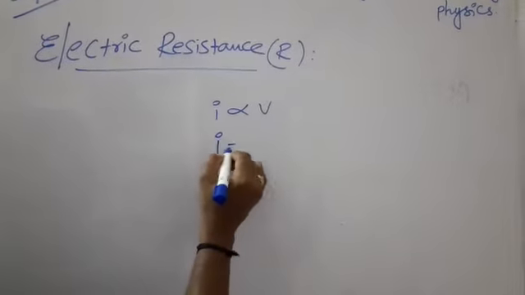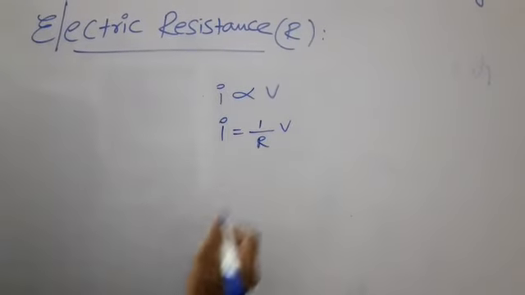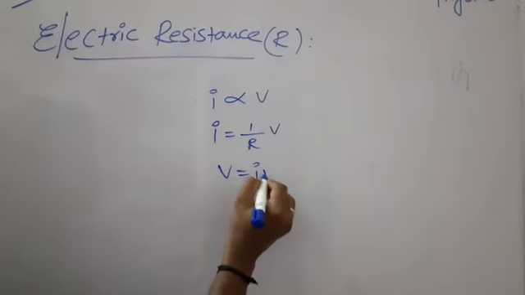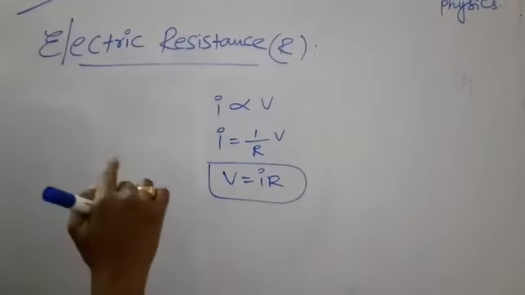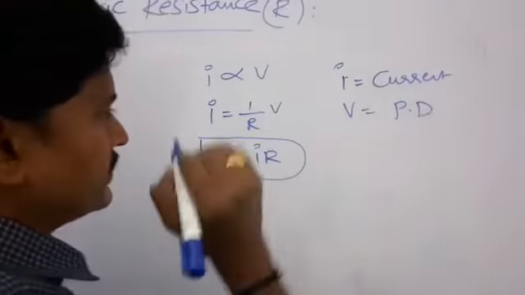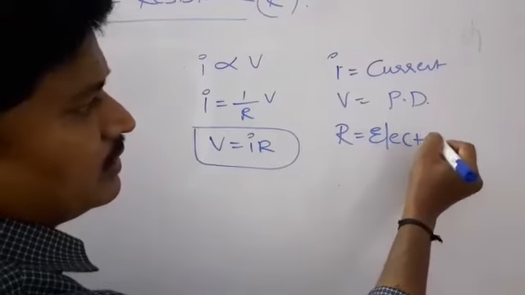I is proportional to V, and removing the proportionality we get a constant 1 by R, so I is equal to V by R. So V is equal to I into R. At constant temperature, the strength of the current through the conductor is directly proportional to the potential difference. I is current, V is potential difference, and R is electrical resistance.